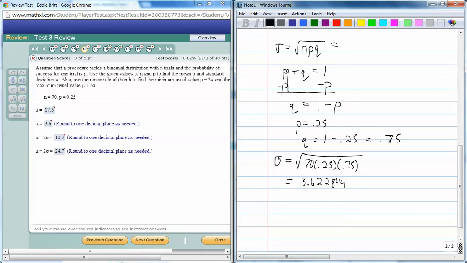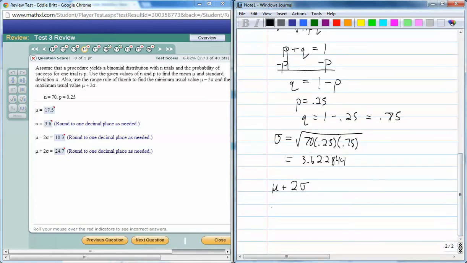Alright, so our mean was 17.5. We want to find mu plus 2 times the standard deviation. So we had 17.5 plus 2 times our standard deviation. If you know how to use the memory button in your calculator, you might want to use that.